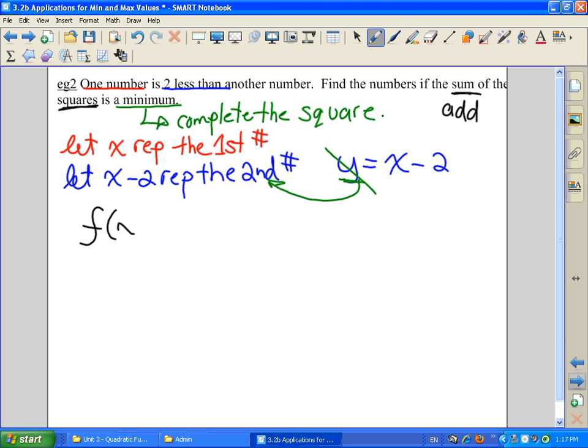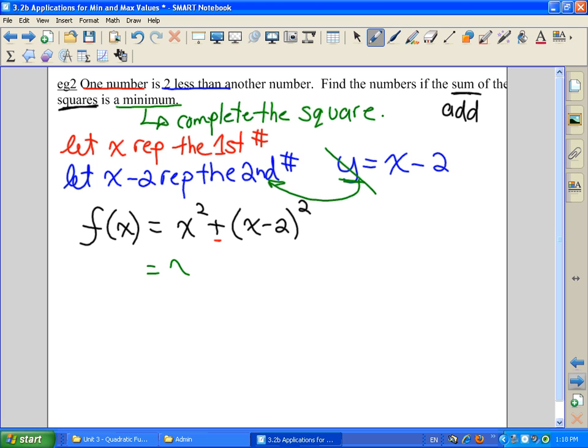So f of x equals the first number squared, plus the second number squared. So again, guys, that is the sum, meaning add, of the two numbers squared. Okay? So all we need to do, folks, is to realize before we can complete the square as it is, we need to combine these terms. So we're going to have to expand it out first. So that's going to be our next step.